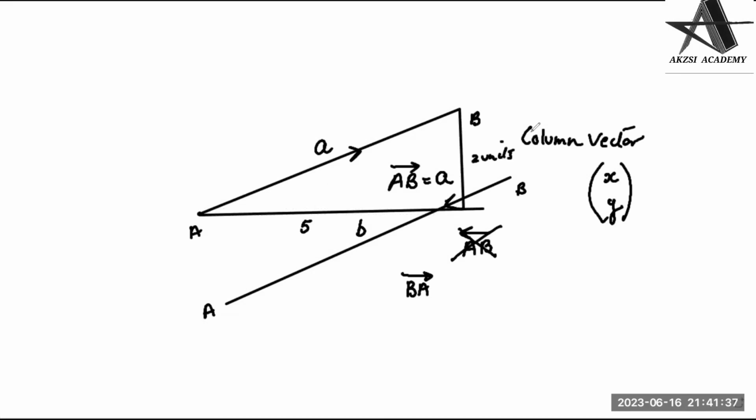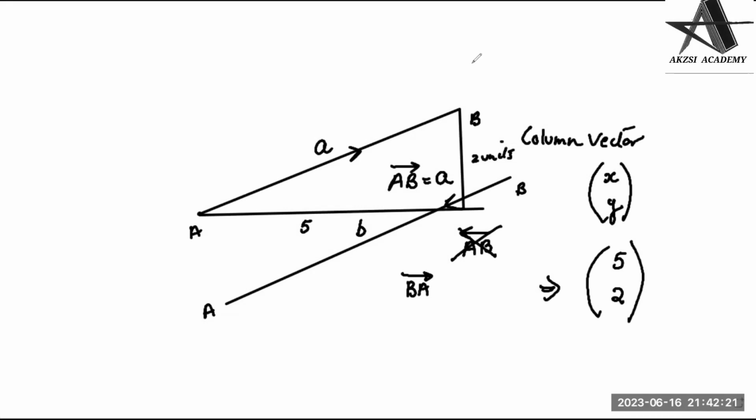This is how I can represent it. So to move from A to B, I have moved 5 units in the x direction and 2 units in the y direction, which I have to represent in a column vector. x is 5, it has moved 5 units in the positive direction, and y is 2. This is how you can represent a column vector.